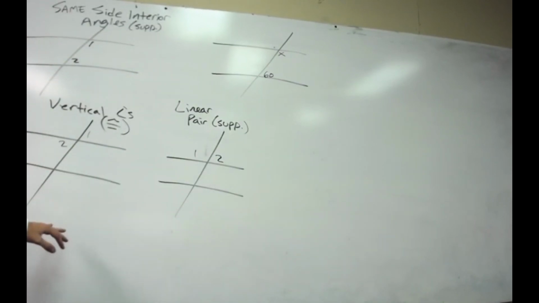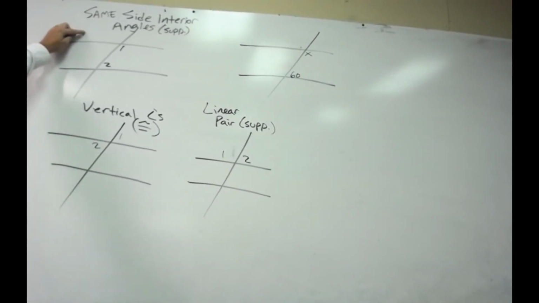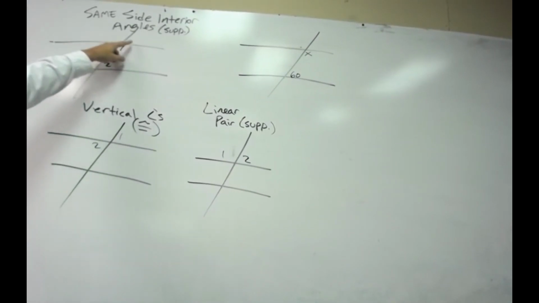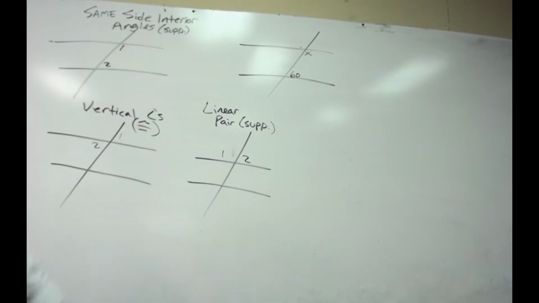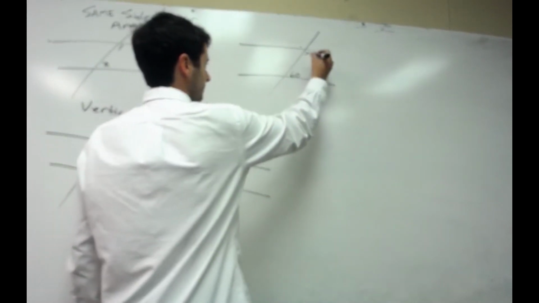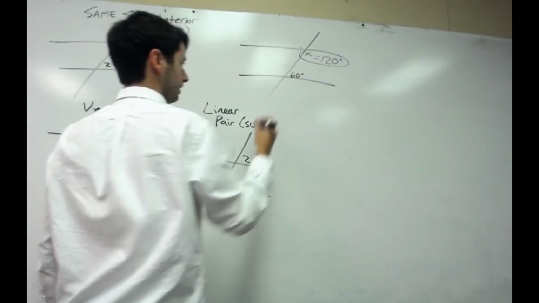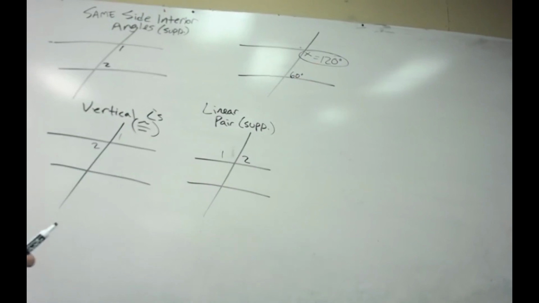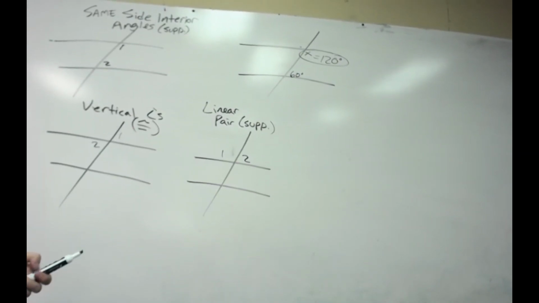Well, once we have these memorized, we would know that these are same side interior angles, and same side interior angles are always supplementary. So if they're supplementary, they add up to be 180, so therefore 180 minus 60, x would be 120 degrees. And that's all Investigation 1 is. Just a couple of definitions to know when we're looking at angle relationships with transversals.